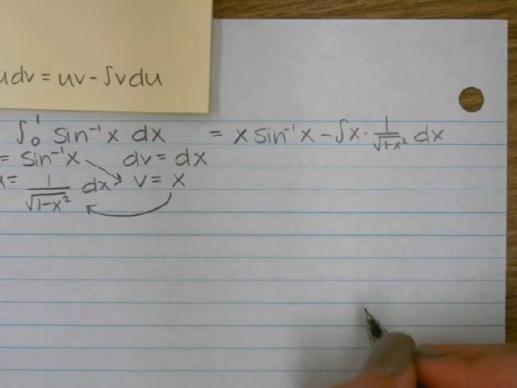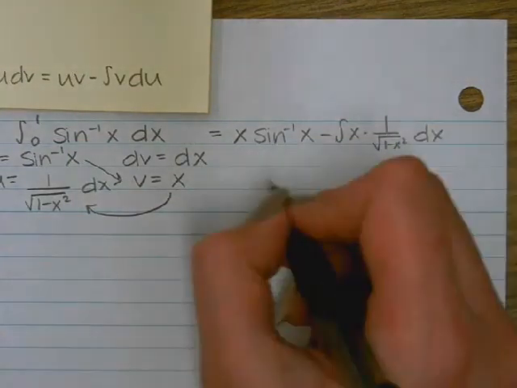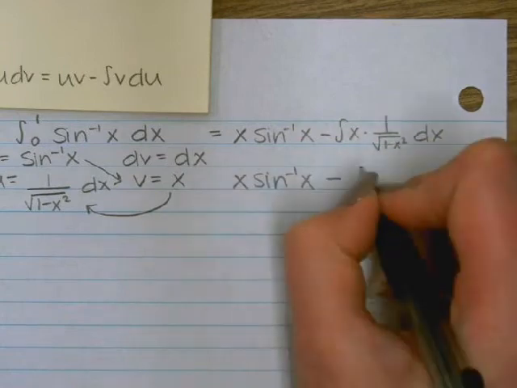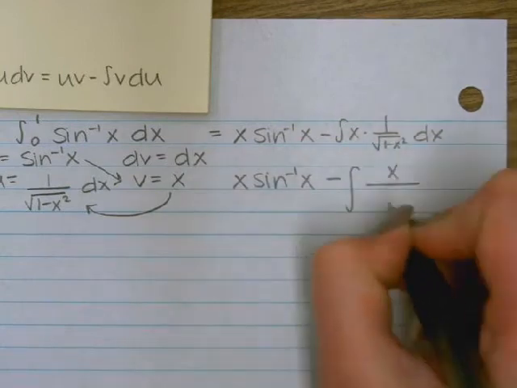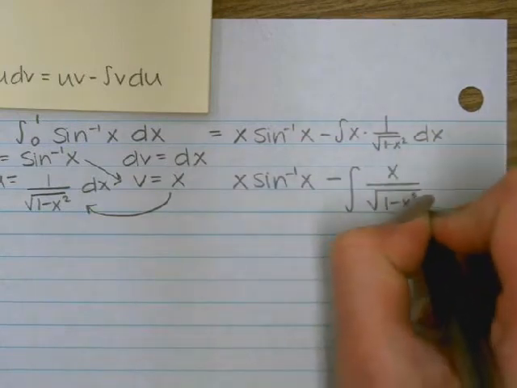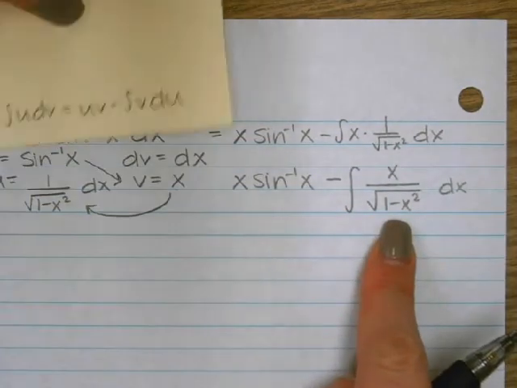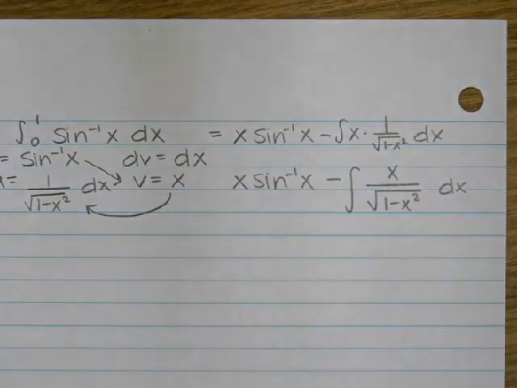All right, so I'm going to go ahead and clean up this side a little bit. I've got x sine inverse of x minus the integral of x over the square root of 1 minus x squared.